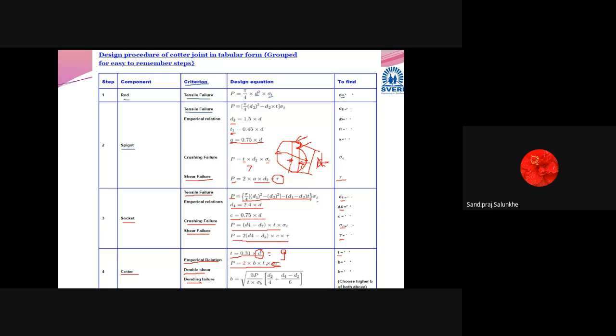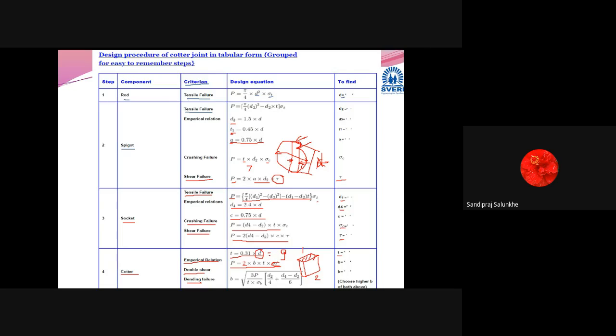So which area will be encountered? That is the cross-sectional area of that pin. It will get sheared. But shear is not occurring at one place, it is occurring at two places. This is one and this is two. That's why we are going to use 2 here.